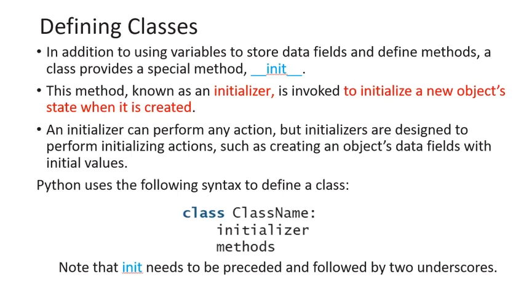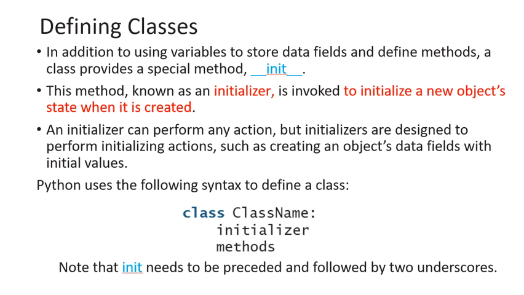An initializer can perform any action, but initializers are designed to perform initializing actions such as creating an object's data fields with initial values. So the meaning of initialization is creating an object and initializing the data values for that object. Python uses the following syntax to define a class: class name, initializer, methods.